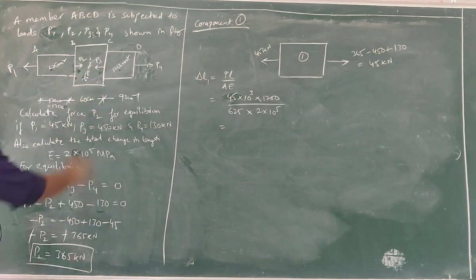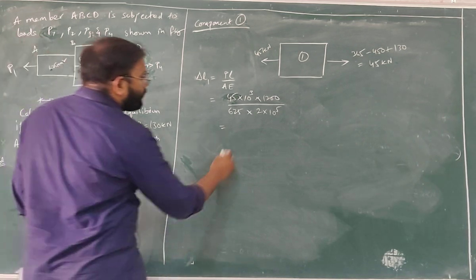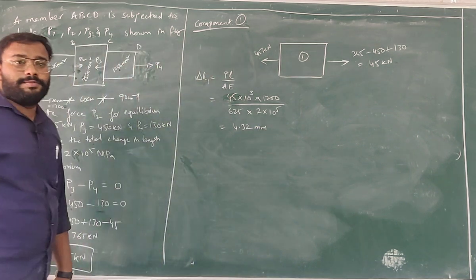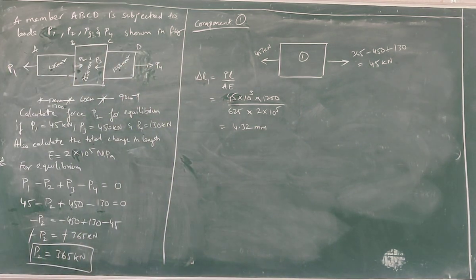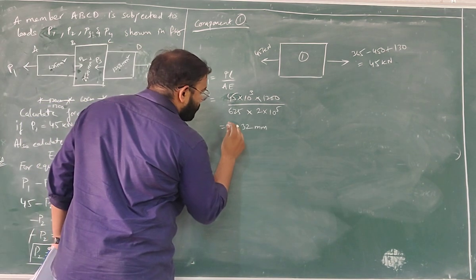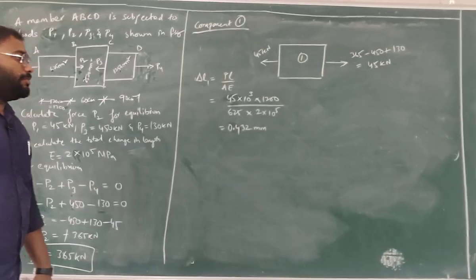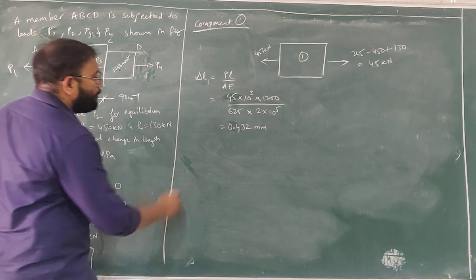Areas are in millimeter square. 4.32 millimeter. Please check the answer. Answer is wrong. 0.432. 0.432 is correct. 0.432 millimeter.